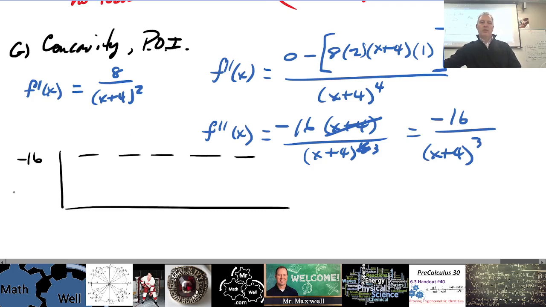And then we have (x plus 4) cubed. Now, if you want to do this (x plus 4) cubed as one thing, that's fine. You just have to be careful with your signs. If you want to split it up to (x plus 4), (x plus 4), (x plus 4), that's great too. Probably most of us would be comfortable with this, so I'll just do this and walk you through it.